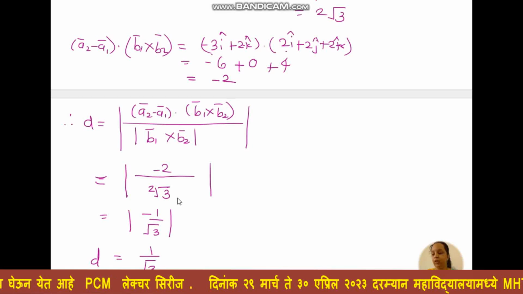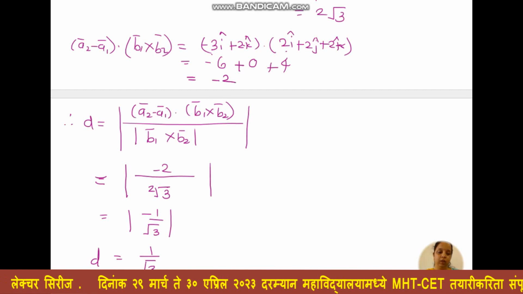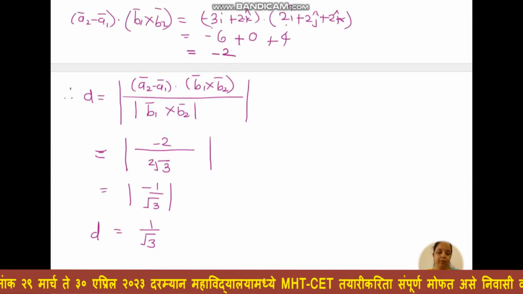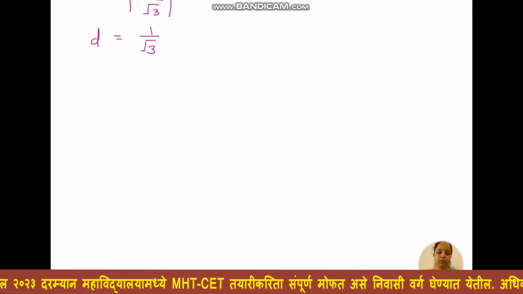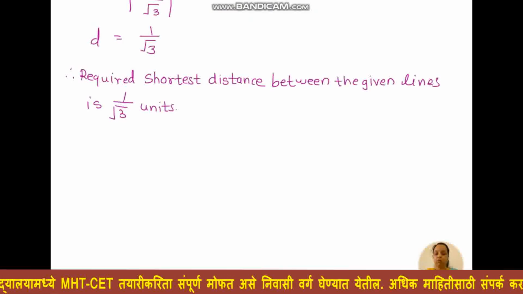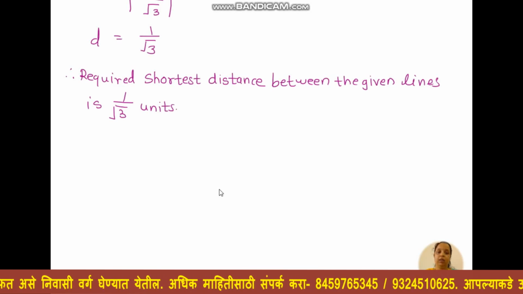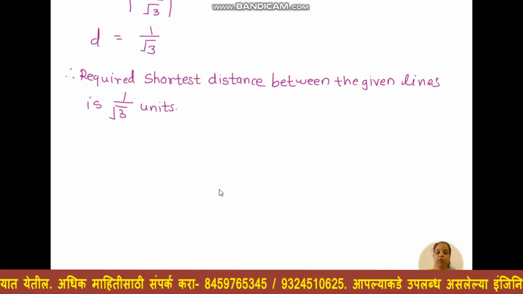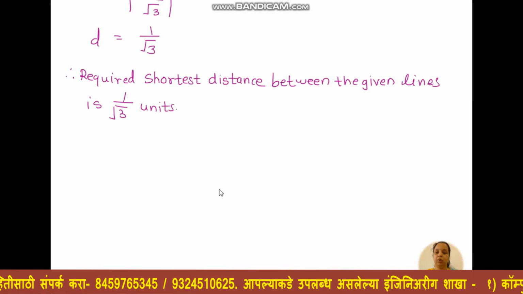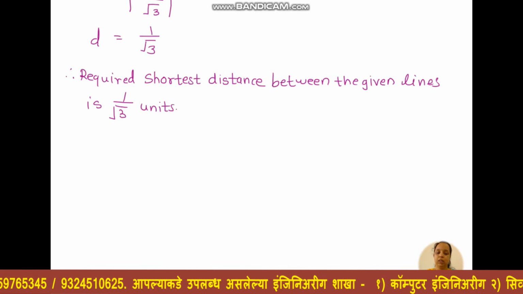Therefore, value of d is 1 upon root 3. Therefore, required shortest distance between the given lines is 1 upon root 3 units. This problem is over. Now we turn towards next problem.